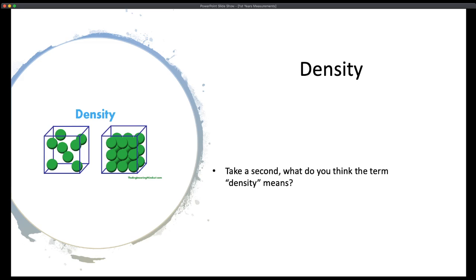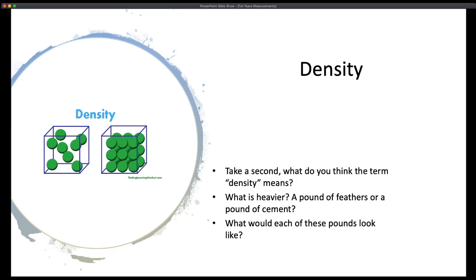So density, what I did last in the live meetings, I had you take a second to think about what you think the term means. And then this idea of what is heavier, a pound of feathers or a pound of cement. We came to the conclusion that they're the same weight because they're both 1 pound, right? But we need to think about what each of these pounds would look like.